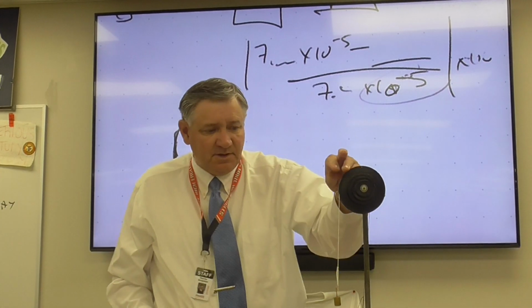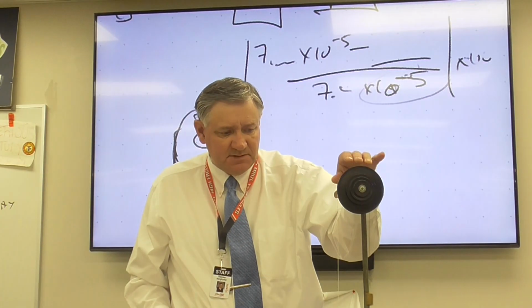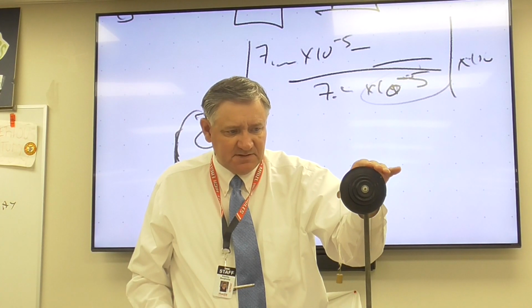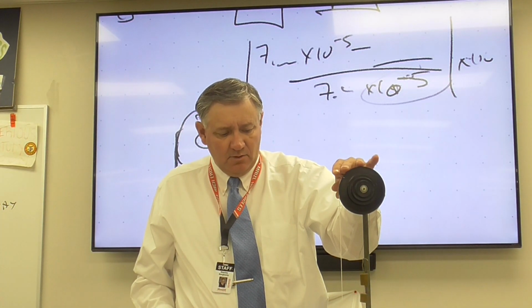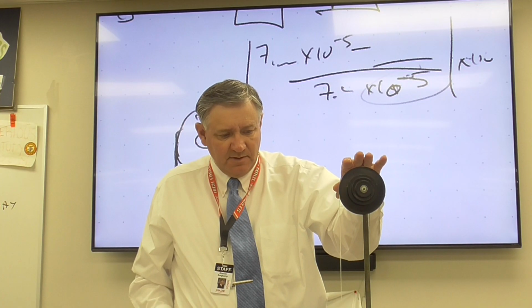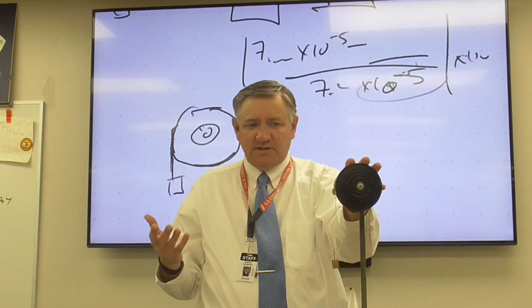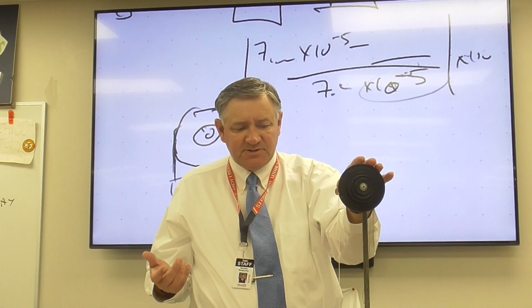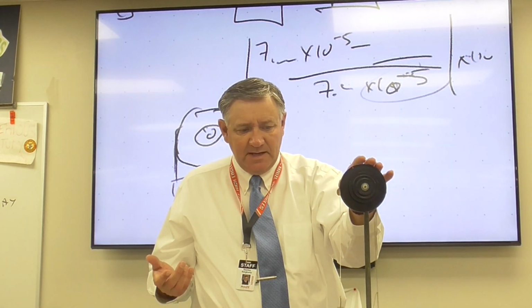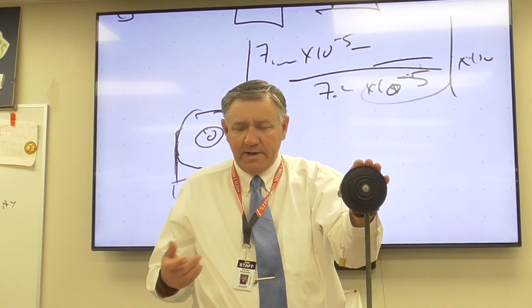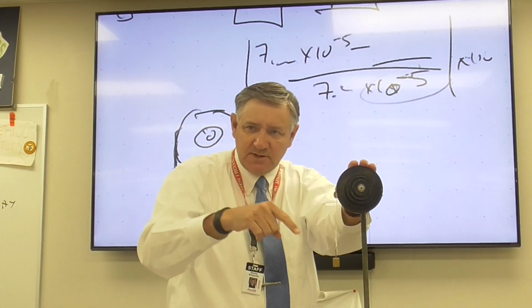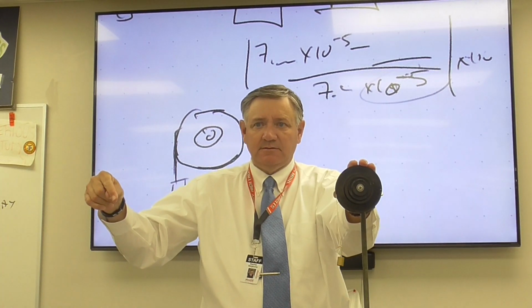Okay. So if you look at what's going to happen, this is going to go like this. If I just let go of it, you get an idea of what that acceleration is. Now, if there's friction, like I'm rubbing my hand against that wheel, what happens to the linear accelerations of the objects? Decrease.